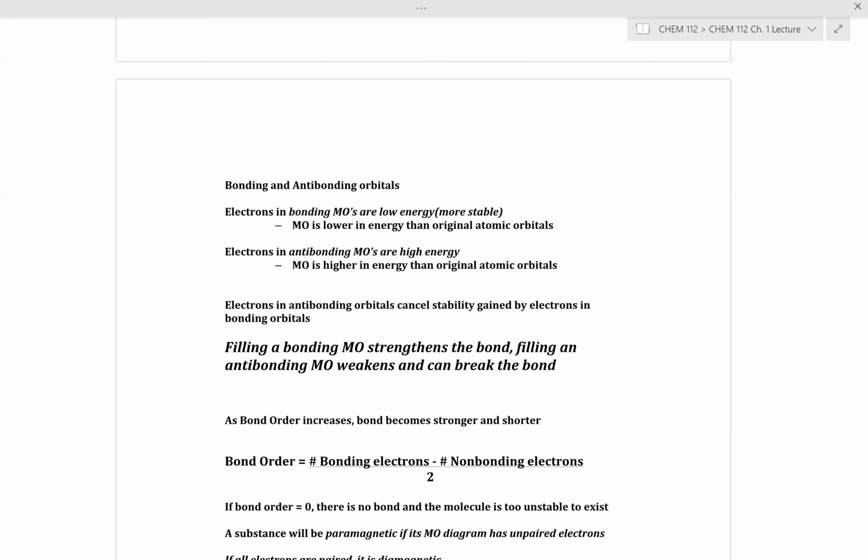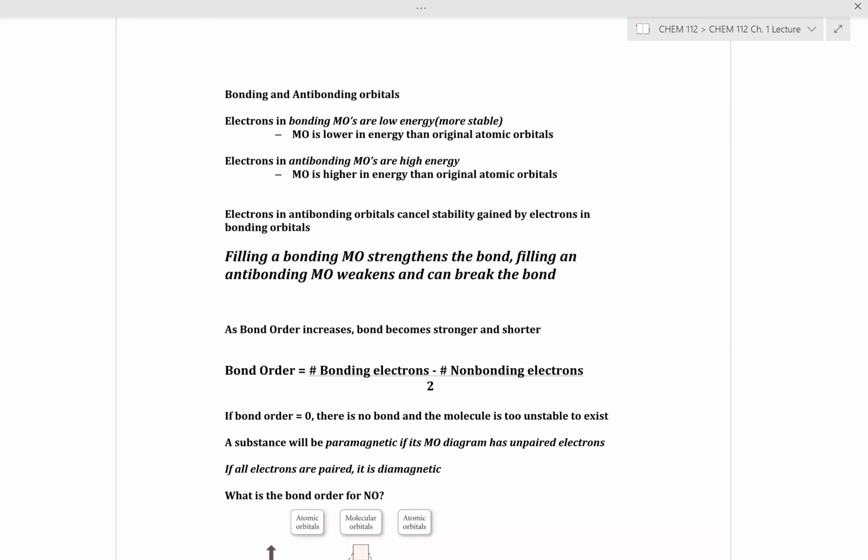So, to tie this all together now and to showcase how these bonding and anti-bonding orbitals affect the nature of our chemical bond. Electrons in bonding molecular orbitals are lower in energy. Remember, bonds are stable. Bonds are low in energy.